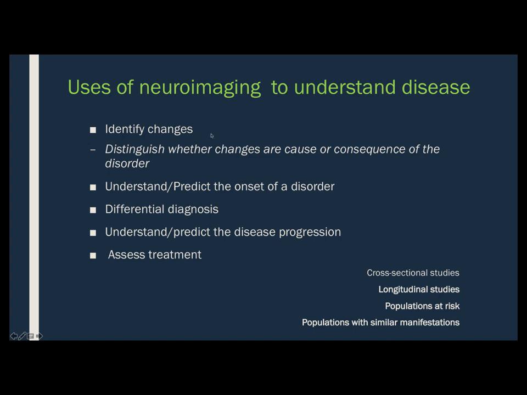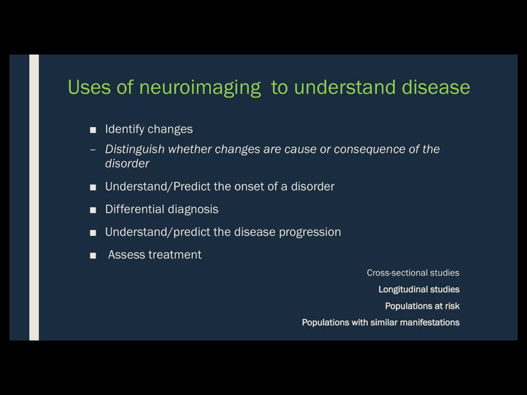For example, identify the changes, though we need to define whether the changes are what are causing the disease or are a consequence of the disease progression or the treatment that we are using. We would like to know, for example, if something would predict the onset of a disorder if we have a population at risk.